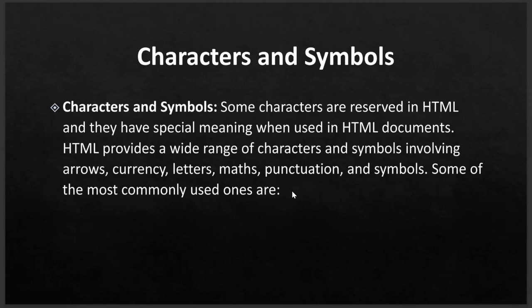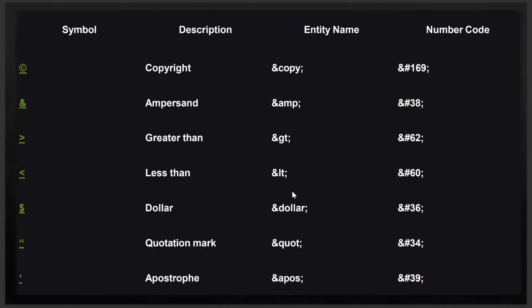Some of the most commonly used ones are: symbol, description, entity name, number code. Copyright symbol, copy, #169. Ampersand, amp, #38.